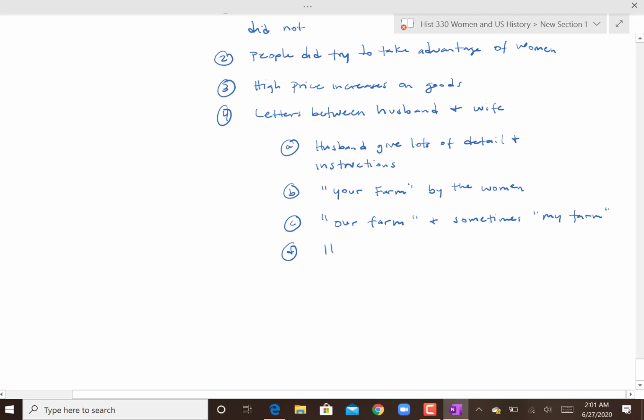We also see, in the later letters, and these are the later period, the earlier letters were different.